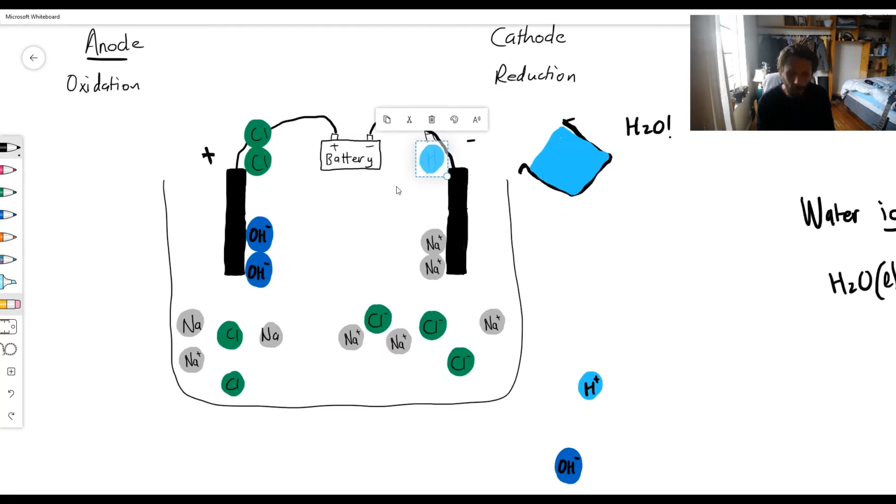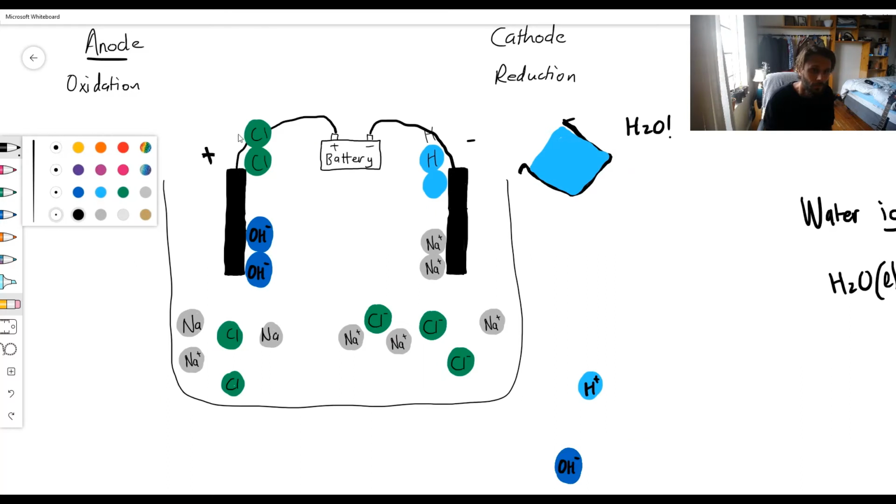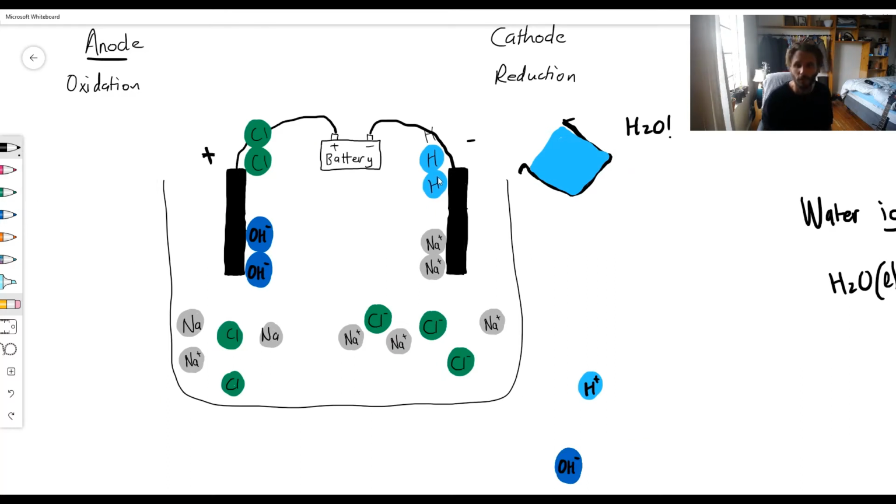Okay, let's copy that. Oh, it's all going wrong here. Hydrogen over there. Okay, let's see if it'll let me draw on top of it. There we go, nicely. So there's an H2 gas molecule, a diatomic molecule, forming at the cathode, at the negatively charged electrode.